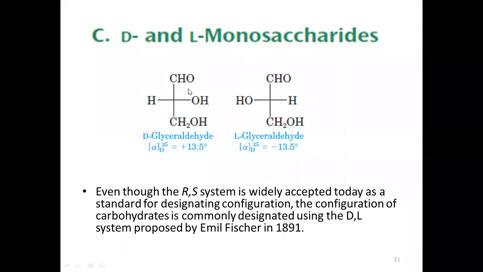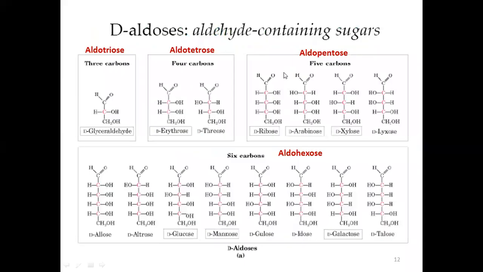D meaning it's dextrorotatory. It's written as this one based on glyceraldehyde. It's D if you have your OH here in this manner, Fischer projection in this manner, and L if you have this projection in this manner. Okay, so there are different monosaccharides actually.